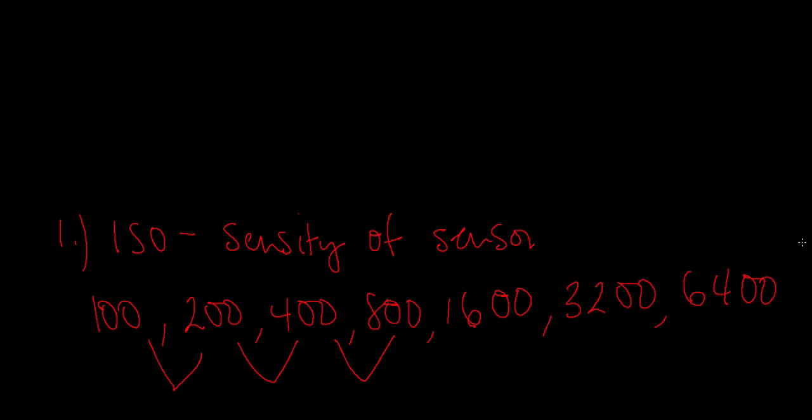We'll talk about the fact that your cameras nowadays have additional numbers in between each of these. We'll go through that. There's a reason for that. But on an old film camera, these are the numbers that you would have seen. And moving from 100 to 200 is going to double the light. 200 to 400 will double the light.